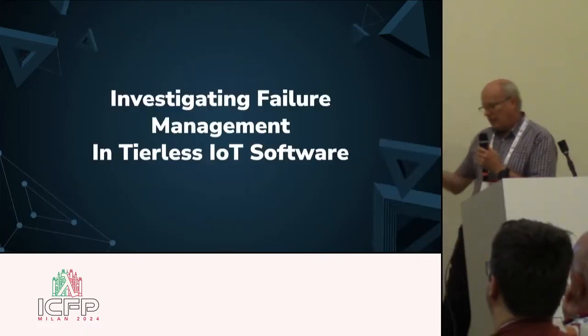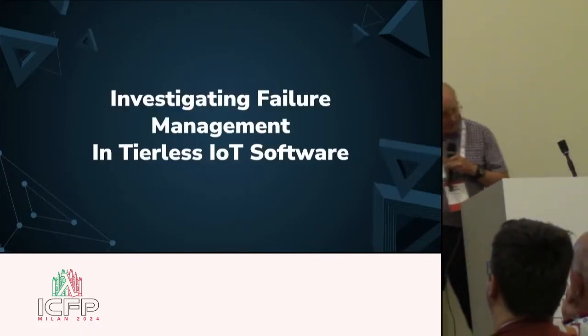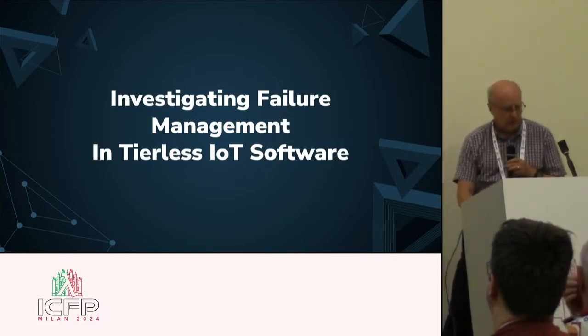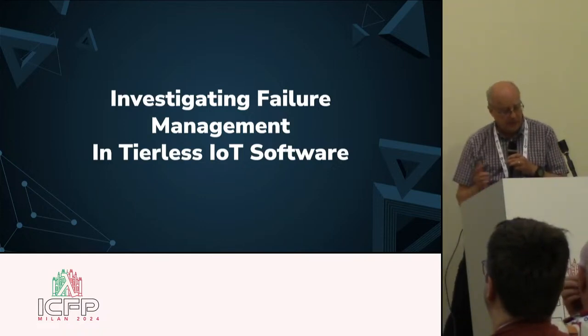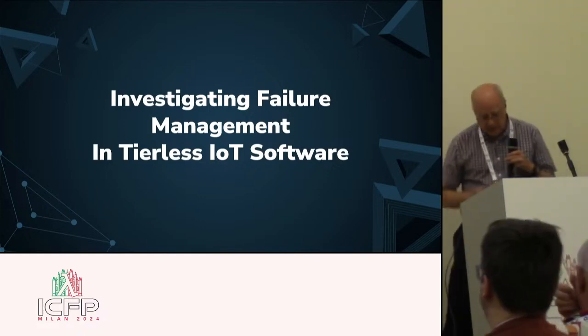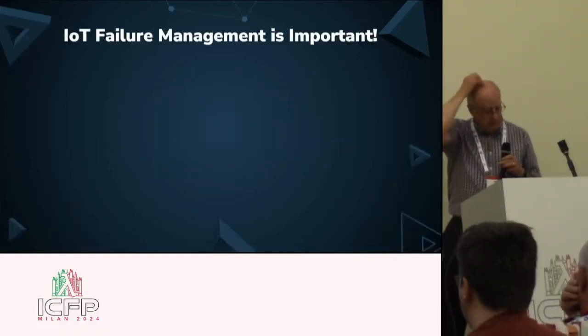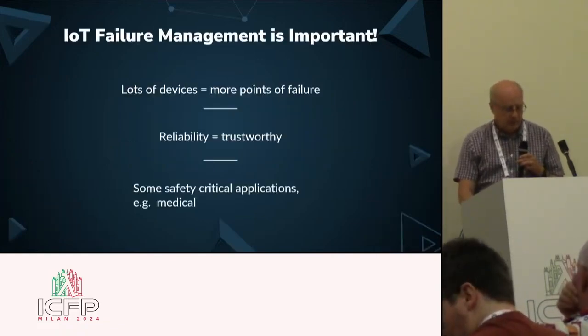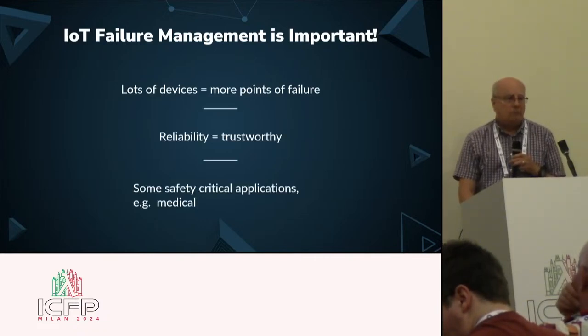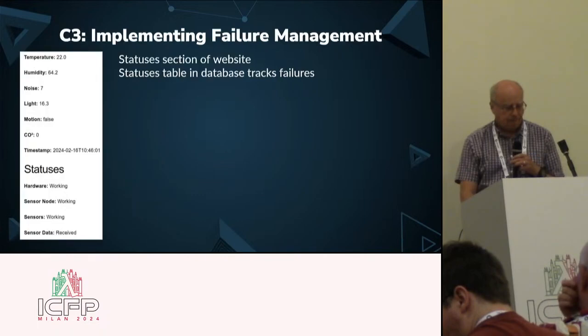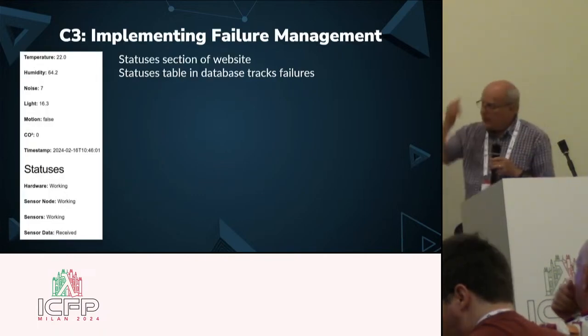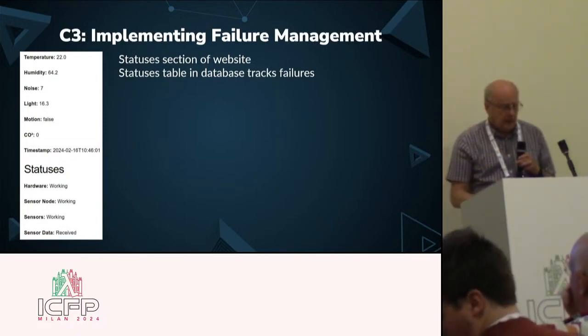Okay, so the last thing Solaris did, and I'm going to tell you about, is looking at failure management in tierless IoT software. We believe it's the first time it's been done. It matters. I don't need to persuade you of that. There are some IoT applications where it really does matter. So we did this in a fairly simple way.